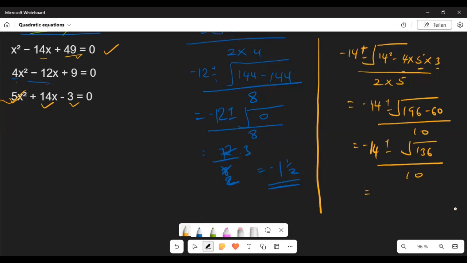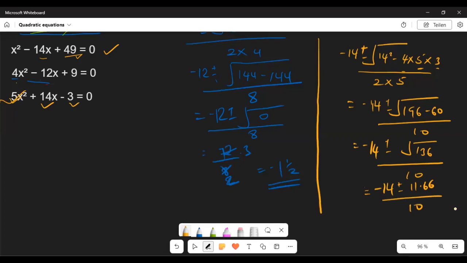So the square root of 136 is equal to 11.66. So here we have minus 14 plus or minus 11.66, all over 10.